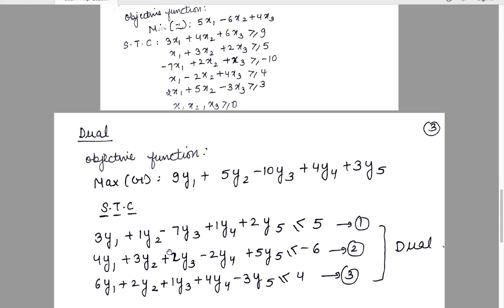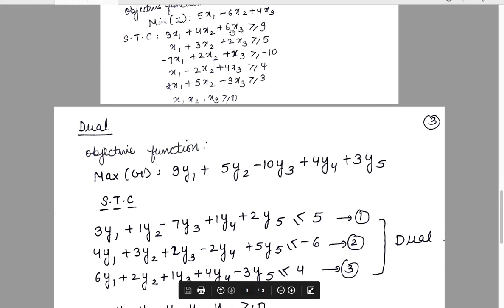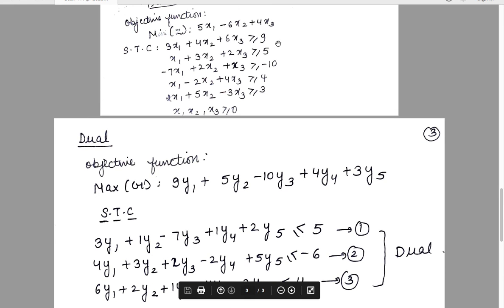And for the third constraint, the third column of the primal: 6y1 plus 2y2 plus 1y3 plus 4y4 minus 3y5 less than equals to 4, which we have taken from the objective function of the primal.